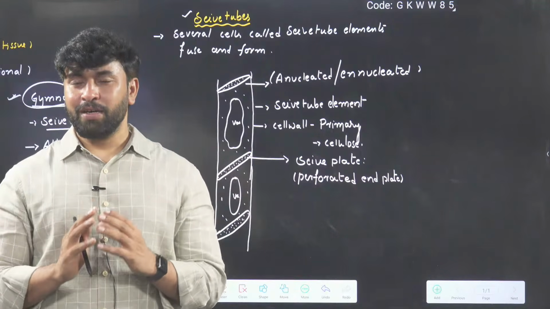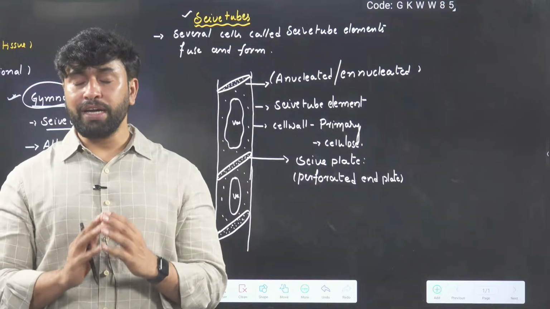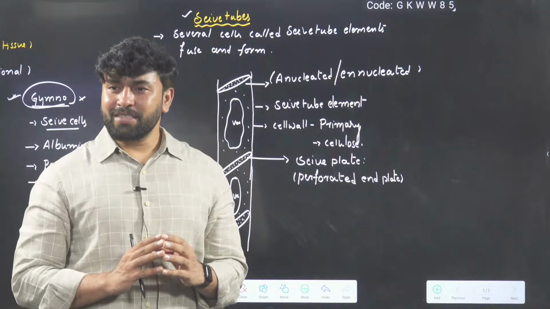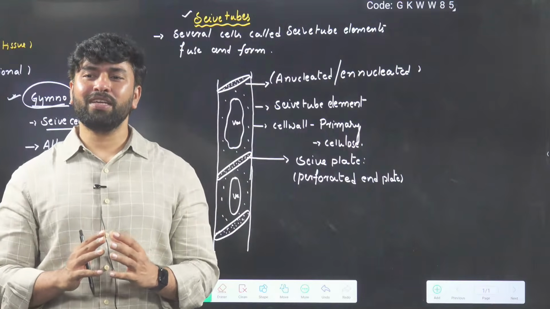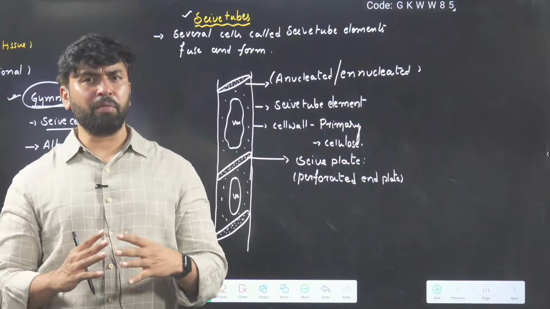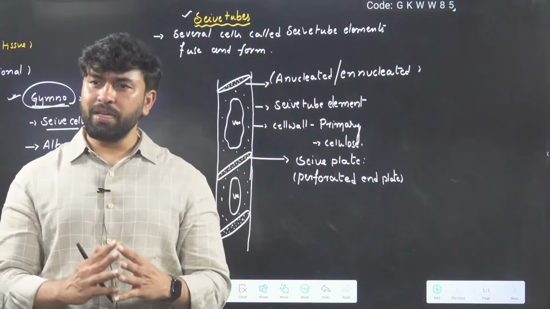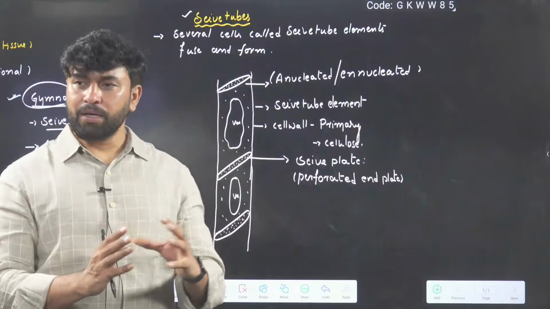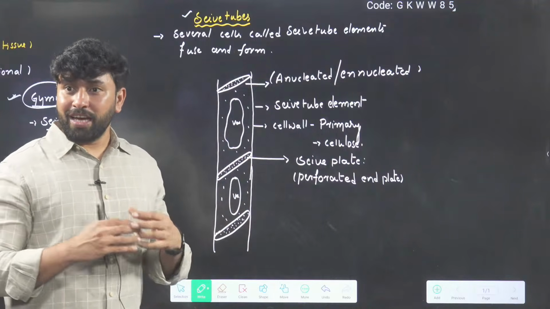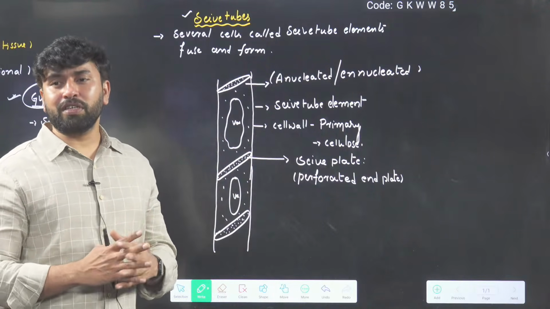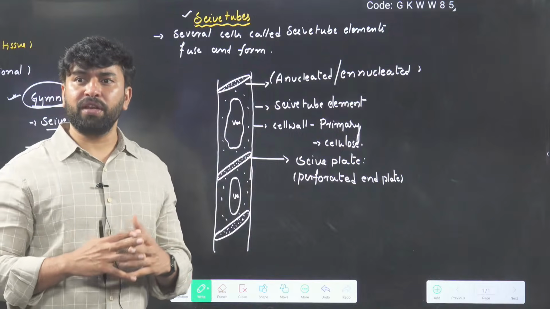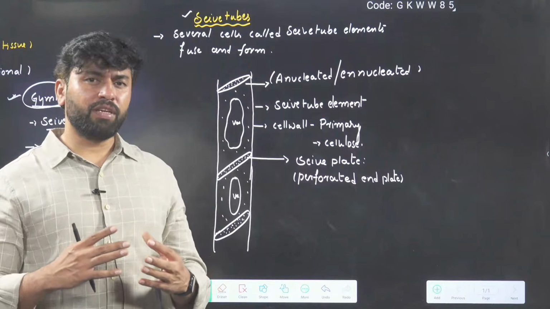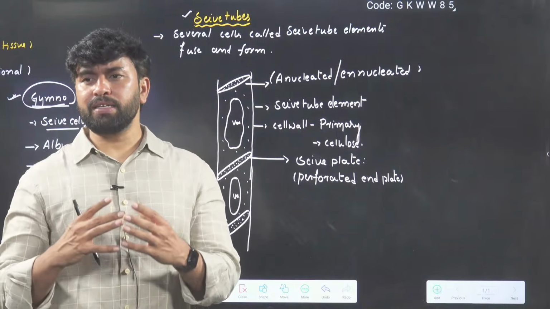But why did RBC die after 120 days? Because it can't survive more than that due to lack of nucleus. There may be several other reasons, but the main reason is that the nucleus is absent. Come back to our sieve tubes. They also do not possess a nucleus, but they can survive for many years. If they survive for many years, the lack of the nucleus should be compensated by something else.